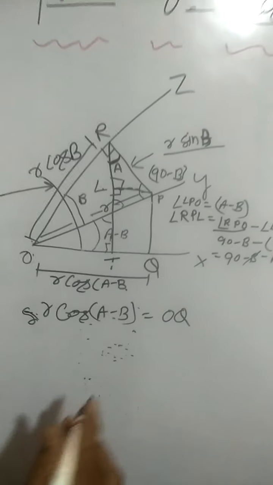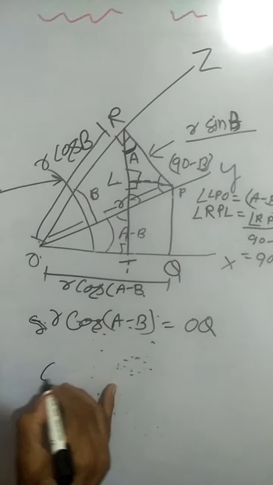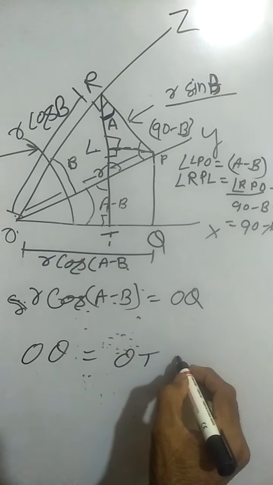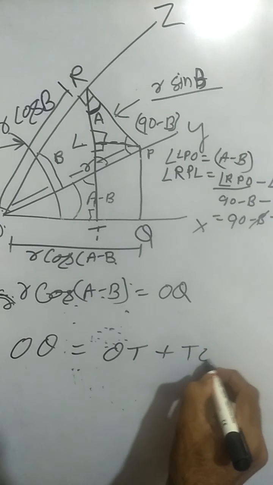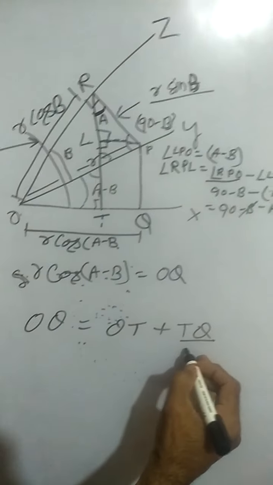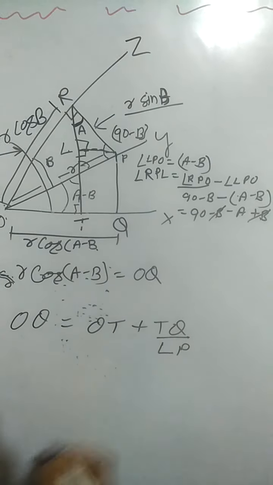Now we show that OQ is equal to OT plus TQ, and TQ is equal to LP.